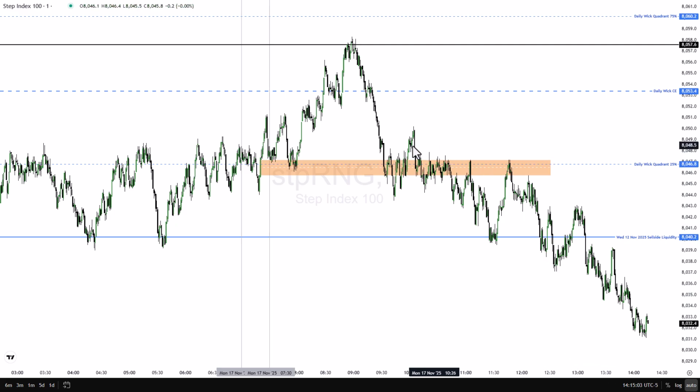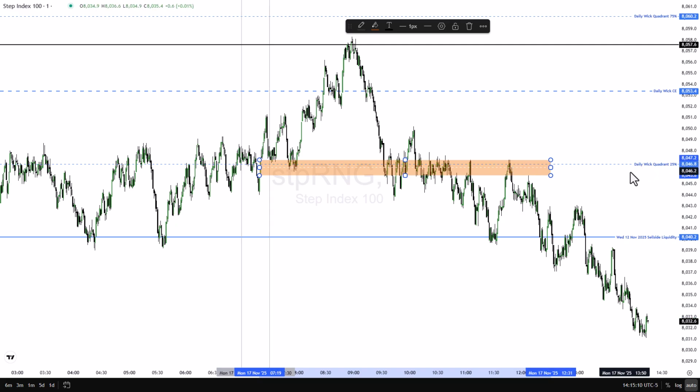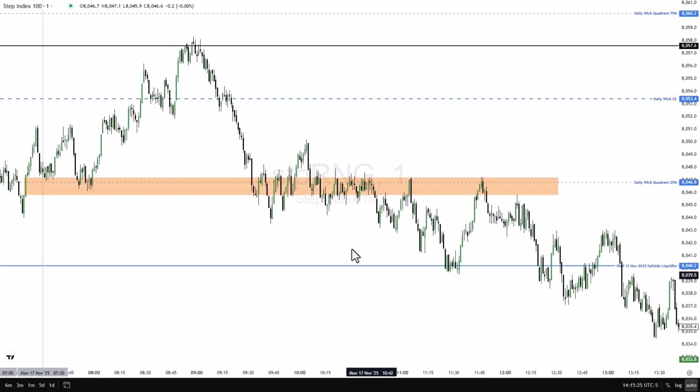Well, this inefficiency, since it is linked to the daily wick 25% quadrant level, this is a converging PD array from the daily time frame, now linked to the 1 minute time frame. We wait. What do we wait for? We wait for the 10 o'clock hour. The 10 o'clock hour is the second round of the news, right?